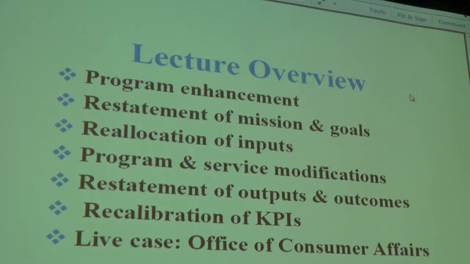And then I'm going to show what we did for the Office of Consumer Affairs for the state of New York, where I was the finance director. That was based on the performance and the process mapping that we did.